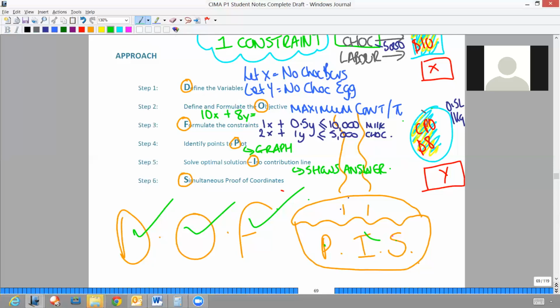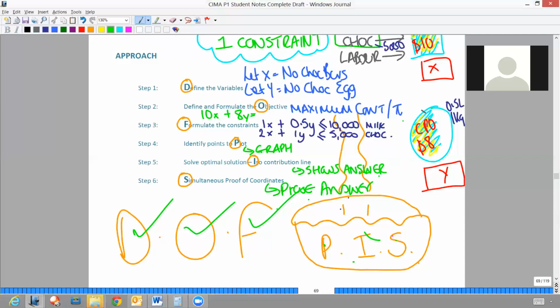We need to be doing simultaneous equations. Some of you may never have done them before. Some of you, this may be a piece of cake. So we'll take it as though nobody knows anything, and that way we'll get everybody covered. And what this is going to do is it's going to prove the answer. So it's going to prove your ISO contribution line is correct.